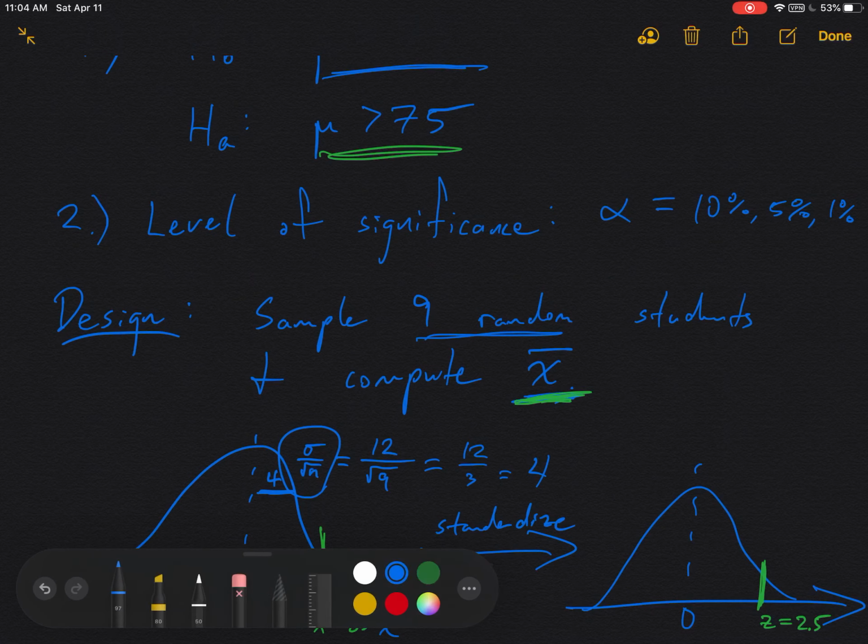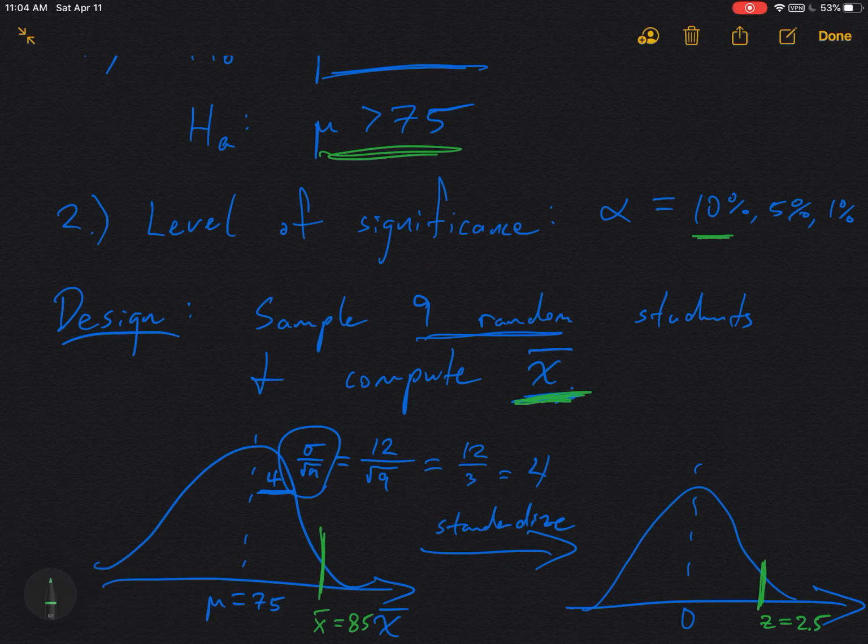So let's go back to the notes over here. Let's choose as our level of significance just 10%. What that means is we want to get a z-value such that we would only get that z-value by chance 10% of the time if the teacher was telling the truth. In other words, there's only a 10% chance that we're going to get such an extreme z-value if the teacher really is telling the truth.